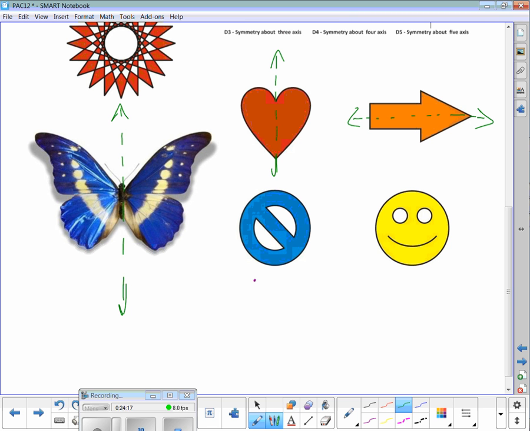Actually, this blue shape, you could go like this. That's one of them. You could also go like this. So there were 2 on the blue one. And because of the face on the smiley, then you can only go dead center, right? Lines of symmetry. All right.